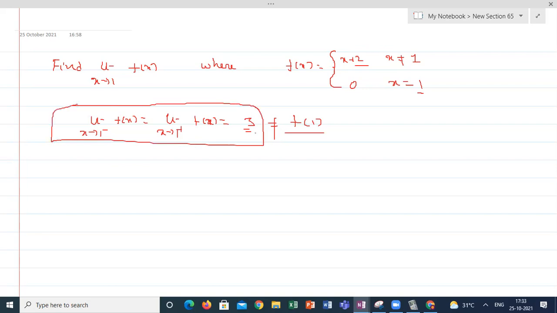Here the limit exists, but that limit is not equal to value of the function at that point. So in this case, the left hand limit and right hand limit both are existing to the same point, but it is not equal to the value of the function at that point.